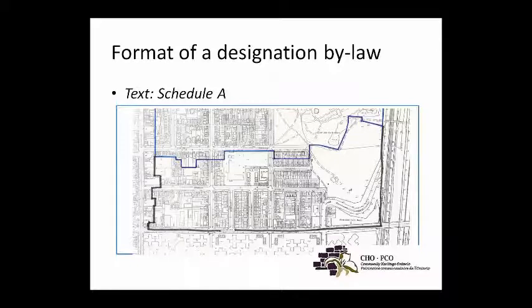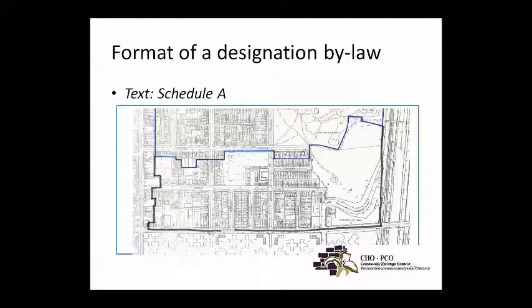Additional reasons as to why you might want to designate an area include, as with a Part 4 designation, preventing demolition by neglect, and that would have to be combined with a heritage property standards bylaw. Preventing inappropriate exterior alterations. So again, I emphasize it's just the exterior of buildings on properties that we're dealing with.